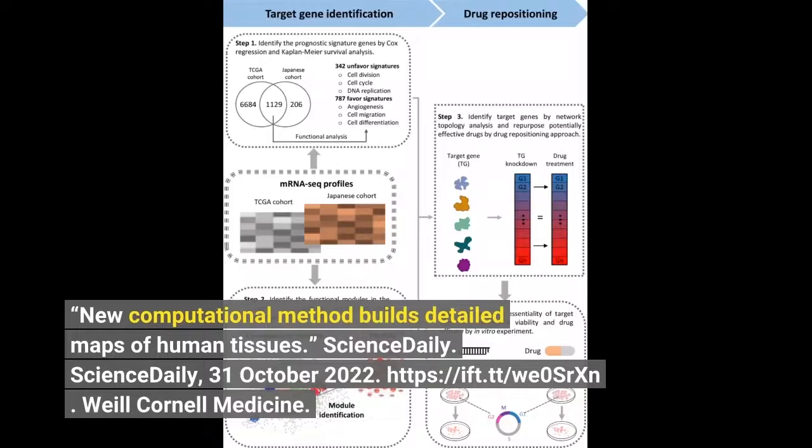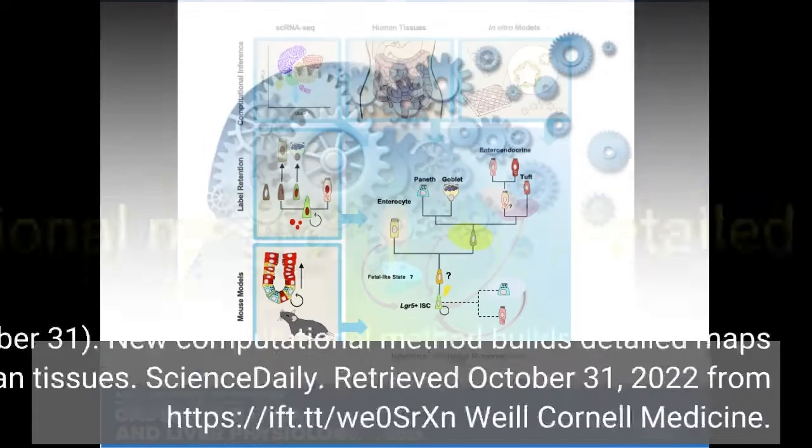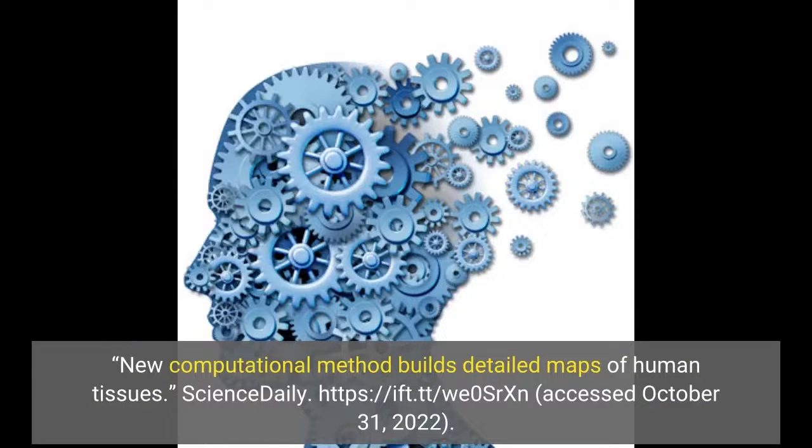ScienceDaily, 31 October 2022. Retrieved October 31, 2022.